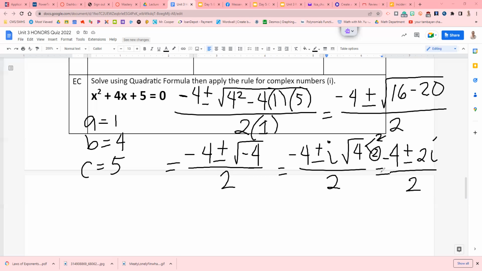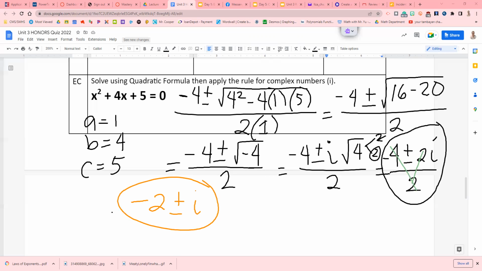I can consider this a final answer, but to simplify, both of them are divisible by 2. So you can have a final answer of negative 2 plus and minus i. So that is the extra credit.